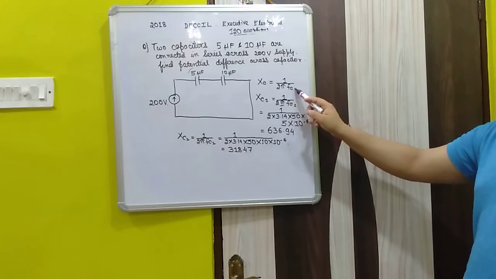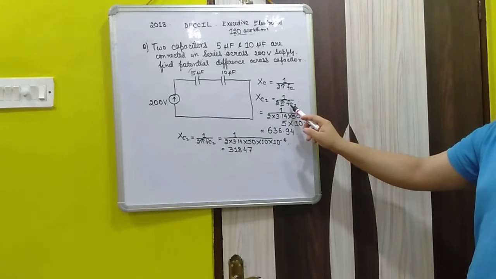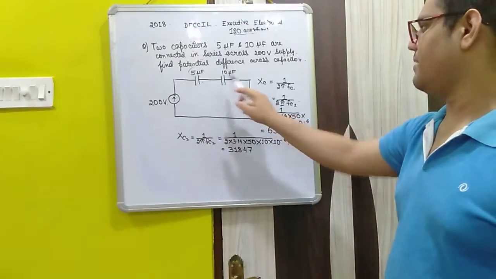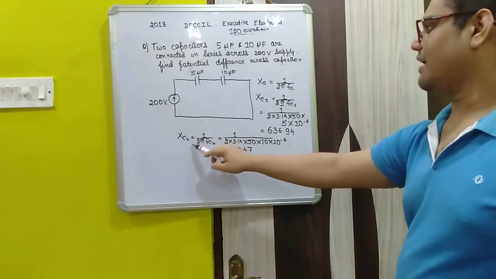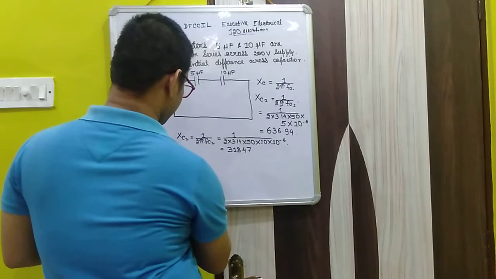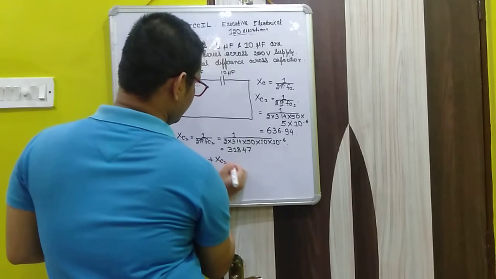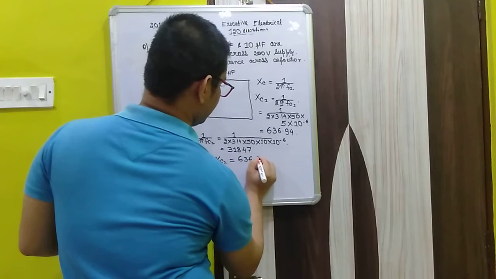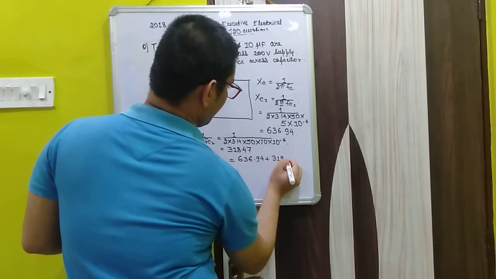So you have understood how we have calculated Xc1 and Xc2. Xc1 is 1 by 2 pi Fc, where we put the values of 2 pi F, the frequency 50 Hz constant, and C is the capacitance, 5 microfarad. Here we have put C2 as 10 microfarad. Now we sum up these two: Xc is equal to Xc1 plus Xc2, that is 636.94 plus 318.47.